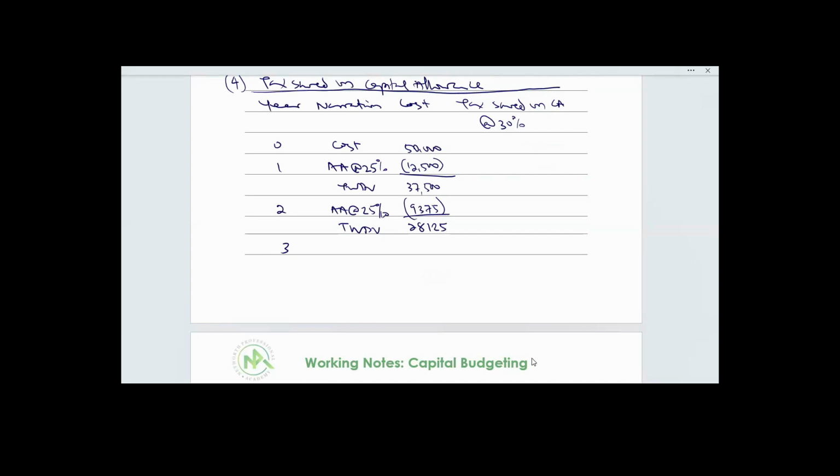So year 3, annual allowance at 25%. So 25% of 28,125, what do you get? 7,031.25. Then 28,125 minus that.